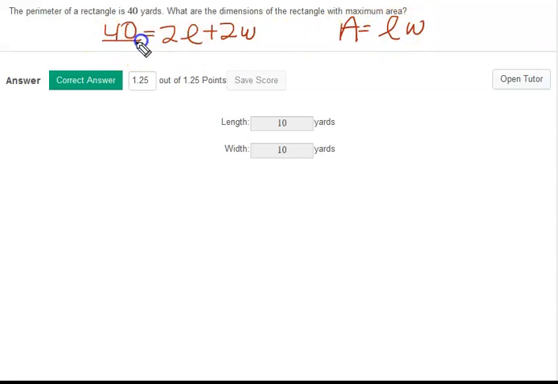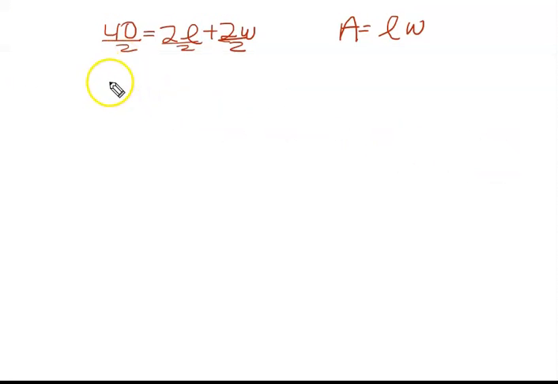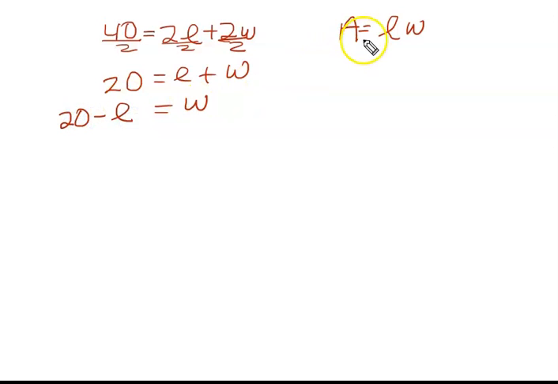So here we said starting off we divide everything by 2. And let me go to the whiteboard. So this is going to be 20 equals L plus W. And we want to solve for one of the letters. So W equals 20 minus L. So we then use our area formula.